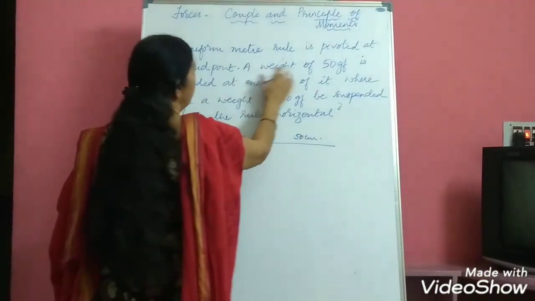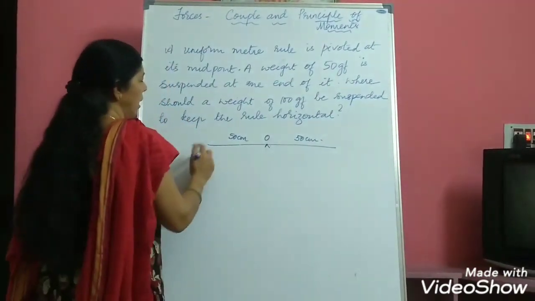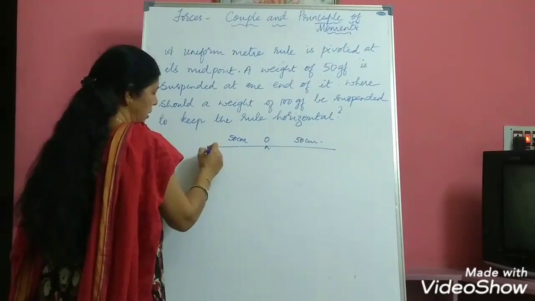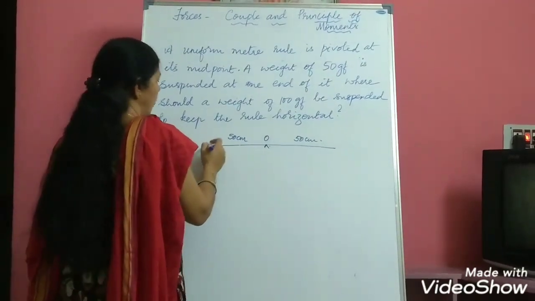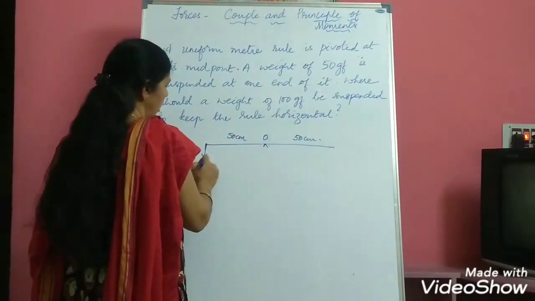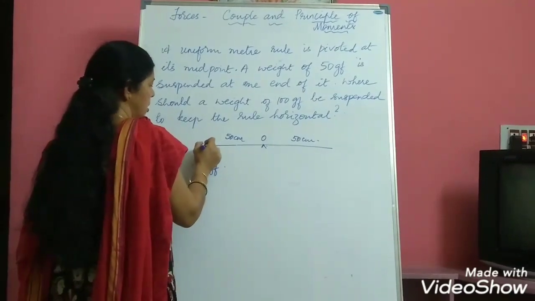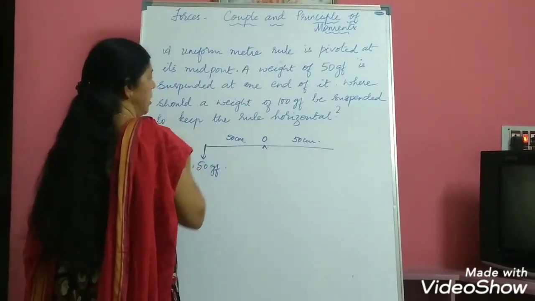Now, what is given? A weight of 50 gram force is suspended at one end of it. So, any one end, I will consider this end. At this end, a weight is suspended, and this is equal to 50 gram force. Now, this will be equal to 0 if you consider from this end.